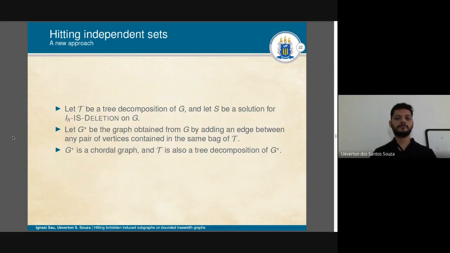Now, if you take a path decomposition of the graph G and the solution S to the independent set of size h deletion, we can construct the chordal graph G star that we obtain by adding edges between any pair of vertices that occur in the same bag. Then we obtain a chordal graph, and the path decomposition is also a path decomposition of that chordal graph.